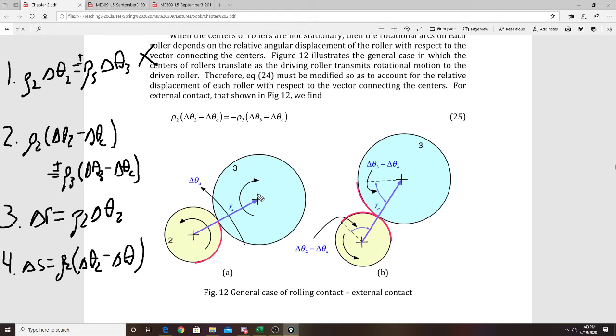But anyway, whatever it is, these two are connected through the middle. They have some sort of link, like the ones we've been seeing in this class. There's a link connected in the middle, holding them in rolling contact at all times.